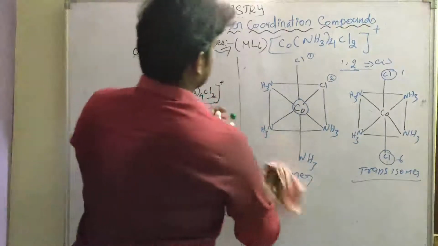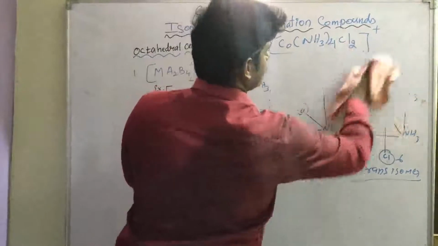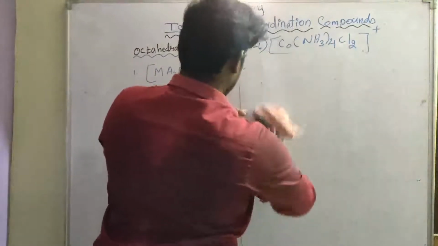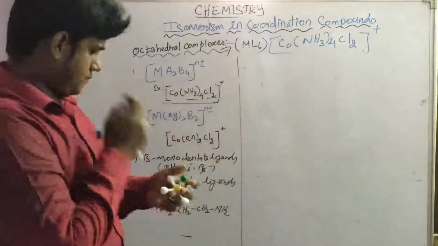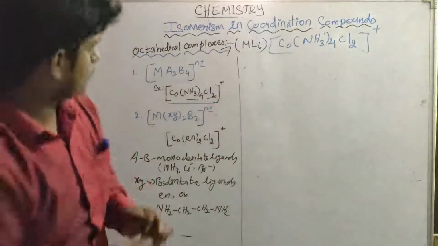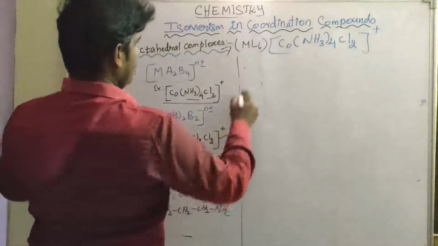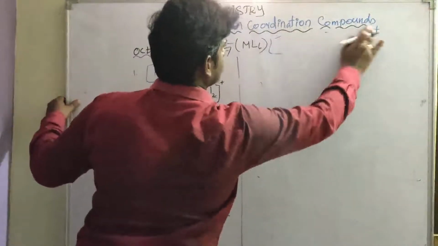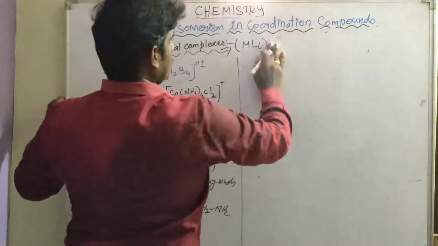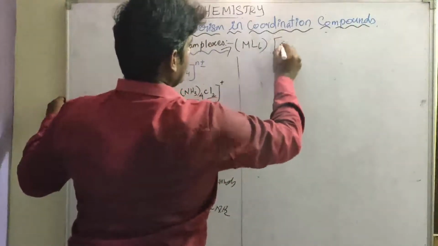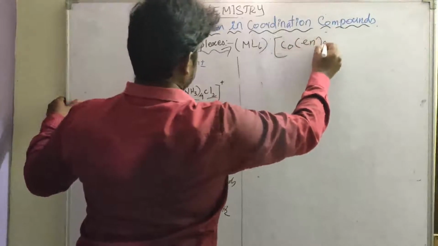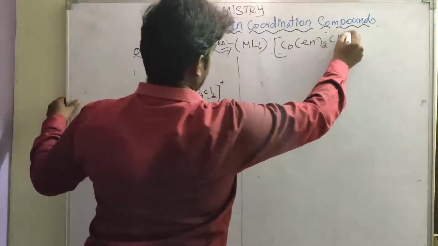Then next we move to an example of a bidentate complex. Co(en) twice and then Cl2.